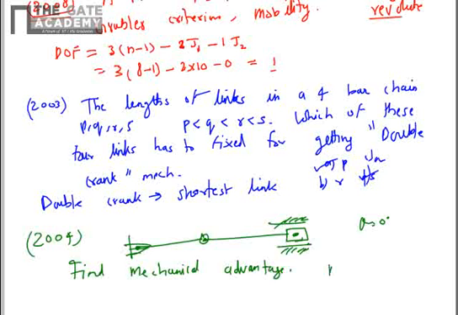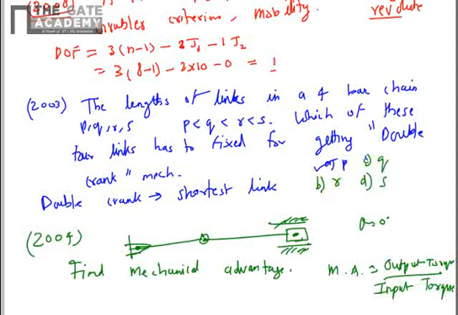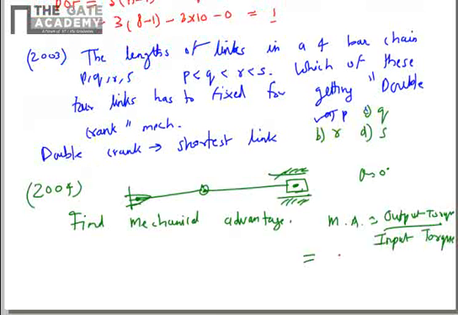If you recall the definition, it was equal to output torque by input torque, or output force by input force. We found that by equating the energy: input force into input velocity is equal to output force into output velocity. So this becomes input velocity by output velocity.